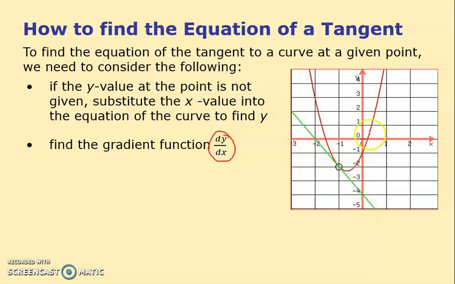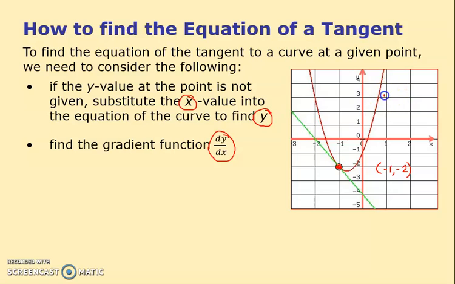So this is a different curve. Notice I will also need to know the x and the y values. At this point here, it's fairly obvious, you can see from the picture, it's at the point (minus 1, minus 2). So here you'd know your x and your y values.